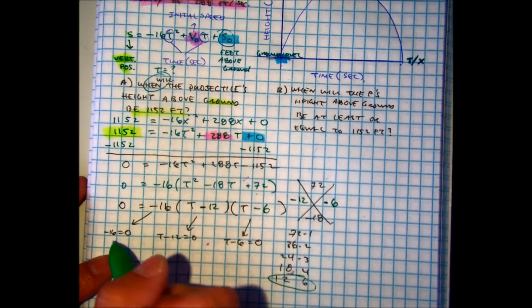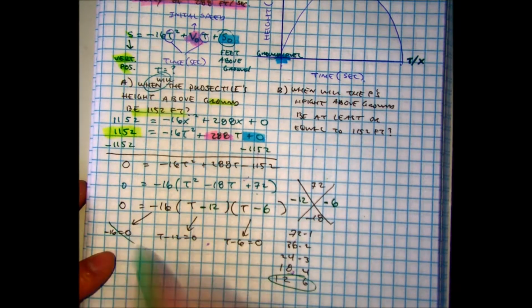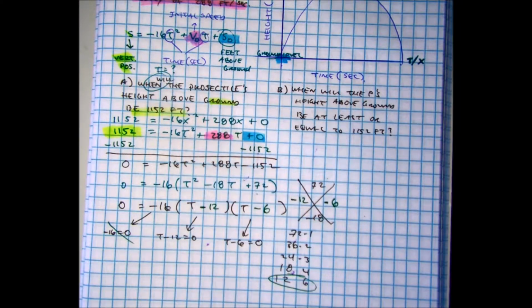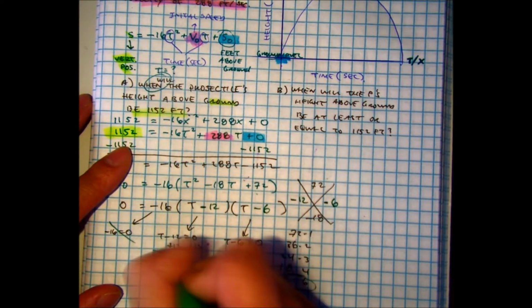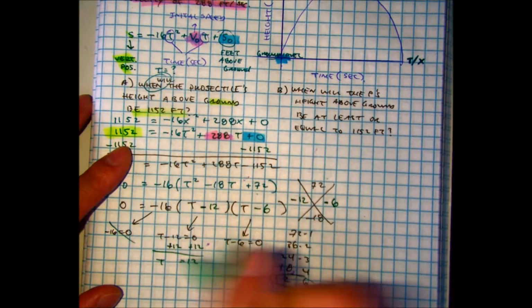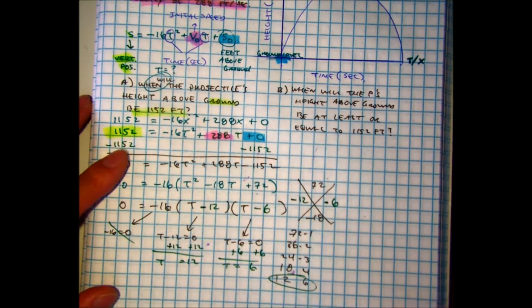Class, can negative 16 ever equal 0? No. That's not a solution. Add 12 to both sides. t equals 12. And t is equal to 6.